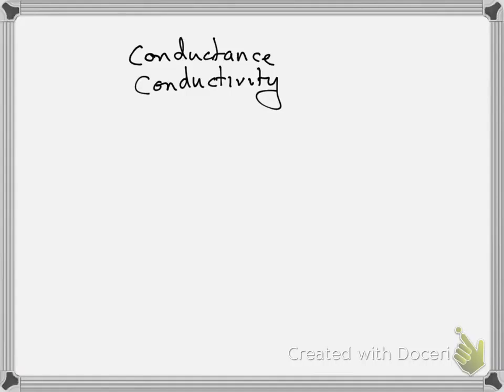Conductance and conductivity is how well a material conducts current. Resistivity and resistance is a measure of how well a material resists current. So once you understand one, you understand the other, because conductance is 1 over resistance, and conductivity is 1 over resistivity. So we don't need to say any more about it, except just to define them.